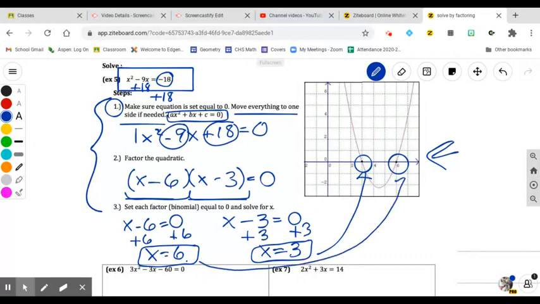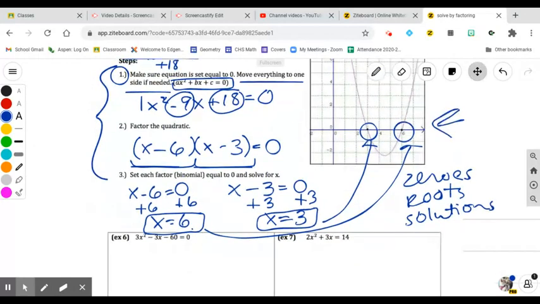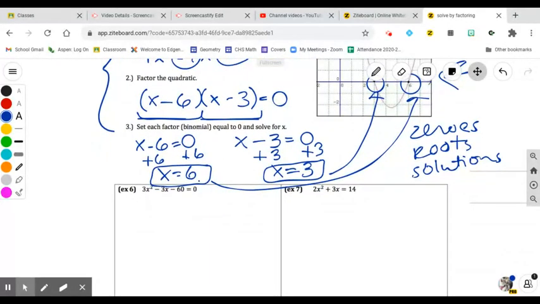See that? So those are the zeros, you'll hear me refer to as zeros, or the roots, or the solutions. They're all the same. x-intercepts is another way to say it. We'll be talking about zeros all year. Okay, so there's our first example. So your end answer, you want something like this, 2 x values.